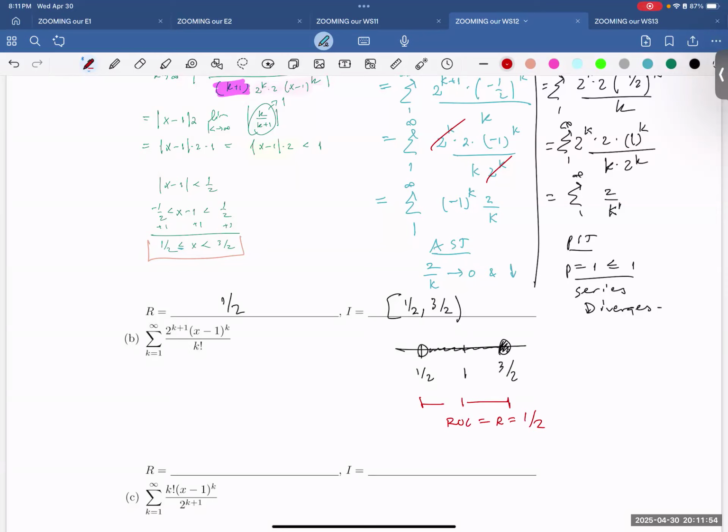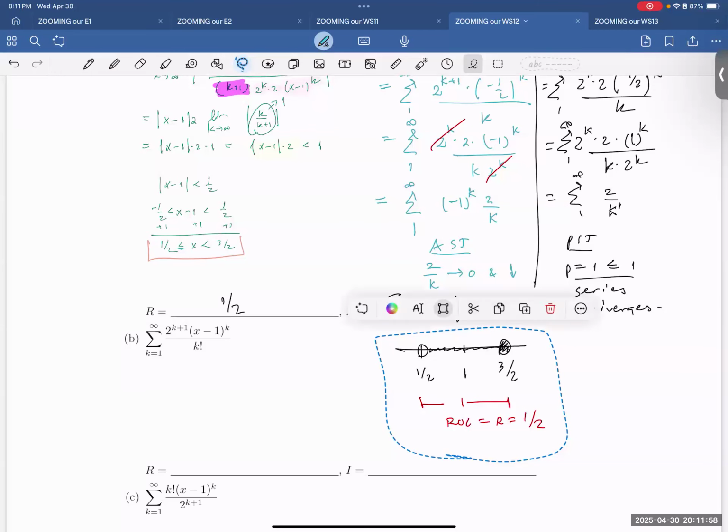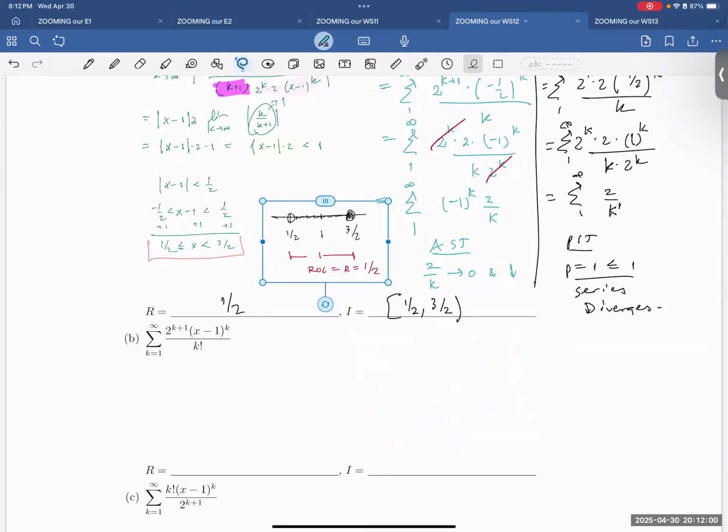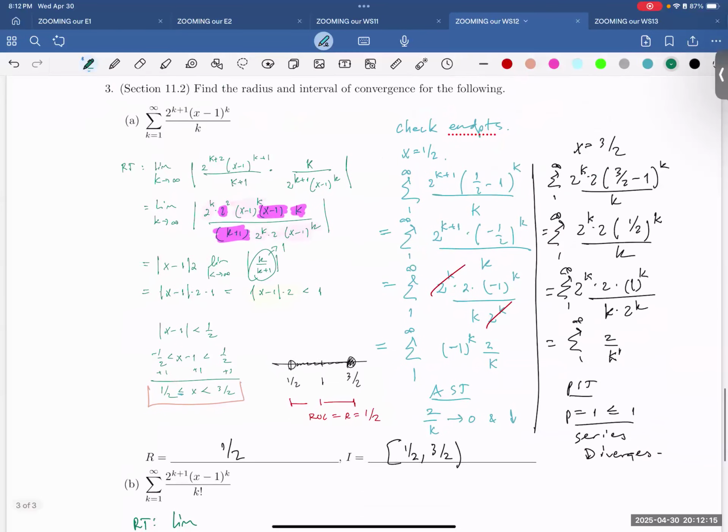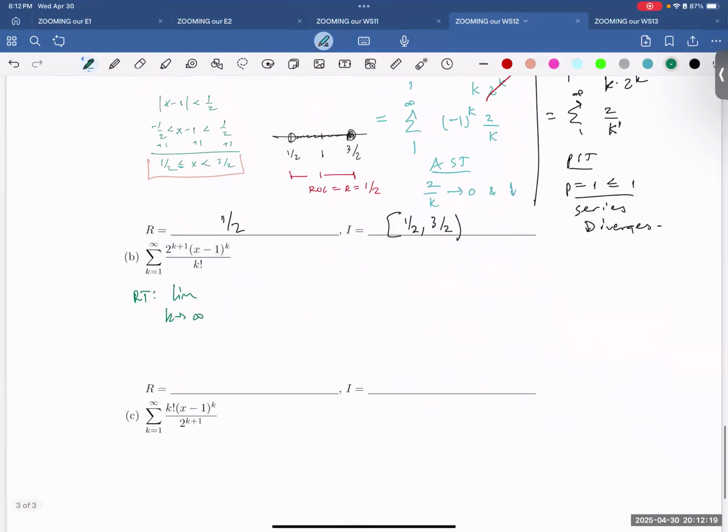These next ones here, let's move that. Okay, ratio test again. Limit. Is that the same one? 2 to the K plus 1. No, you have K factorial this time.